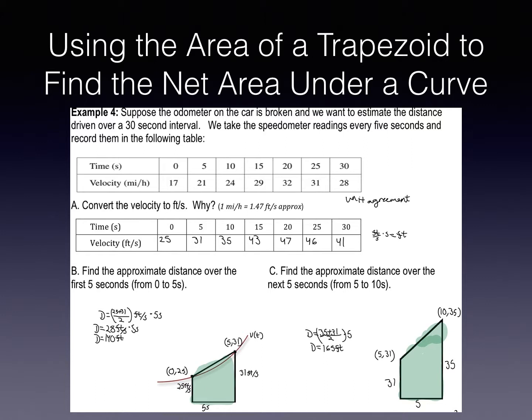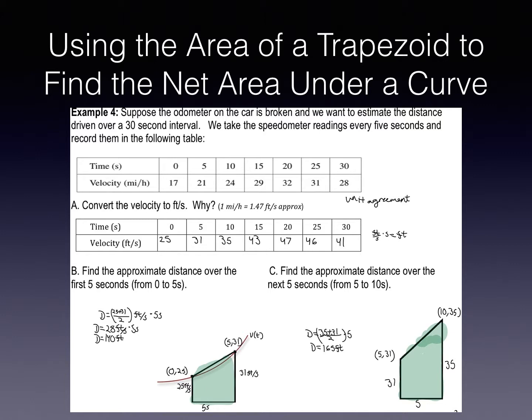Next we'll use the area of a trapezoid to find the net area under a curve. We've done rectangles, now we're going to try using trapezoids, which is definitely a lot more accurate. In this example, suppose the odometer on a car is broken and we want to estimate the distance driven over a 30-second interval.